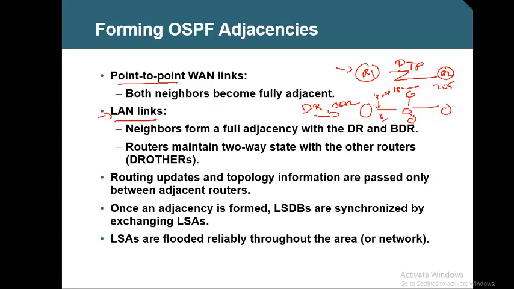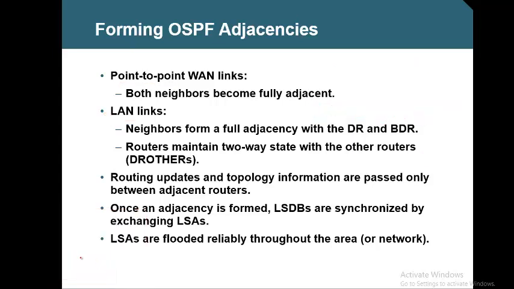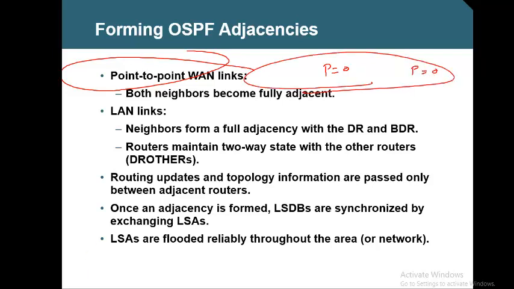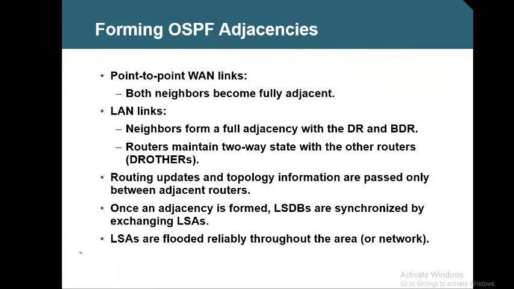You can also make it 0 if you don't want a router to participate in the election. In a point-to-point environment, the default priority is 0. There is no use of turning it to 1 or 255 because there is no DR-BDR election. Point-to-point networks don't care about priority.